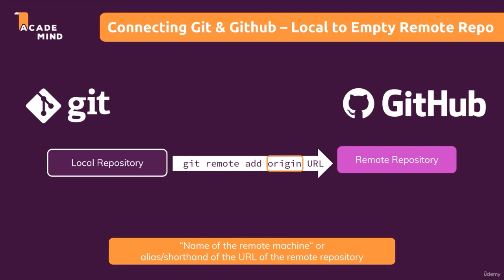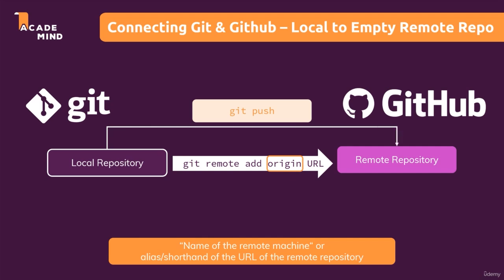With this, we have a connection between these two repositories, but now we want to bring our local information to this remote repository. For this, we will use another new git command, and this command is called git push. So we push our local data to the cloud, to GitHub.